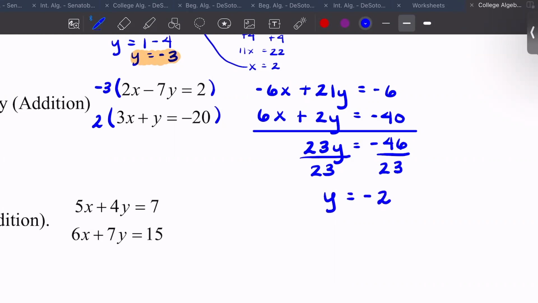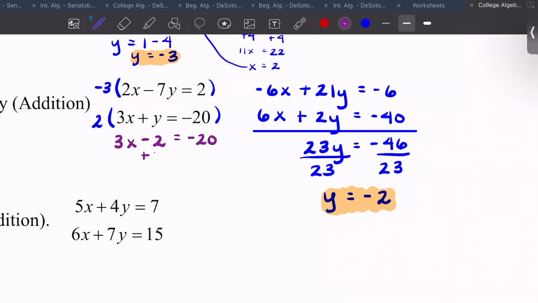Okay, there's y. I need both. So then I'm going to go back into the original equation, one of them. You can pick either one, and solve for y. Okay, if I plug it in to, we can do this one, 3x, I was going to say plus -2, but it's just -2 equals -20.